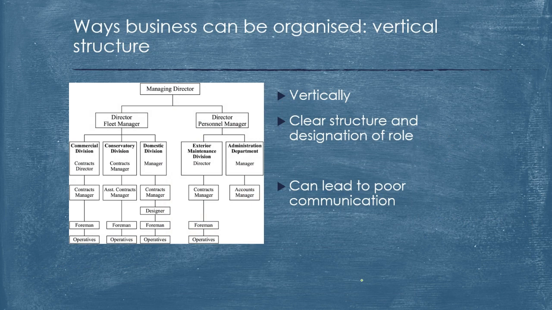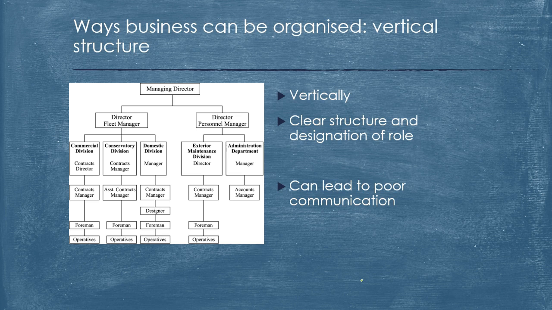Okay, so basically, why would an organisation be shown to do this vertically? What are the pros and cons? Well, really, the pro of a vertical organisation structure is the fact that an organisation can essentially organise itself by having clear roles.